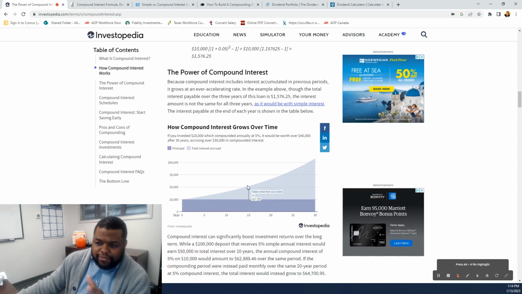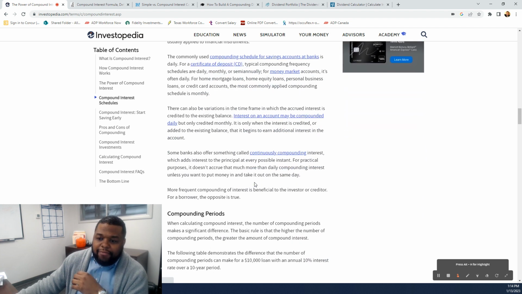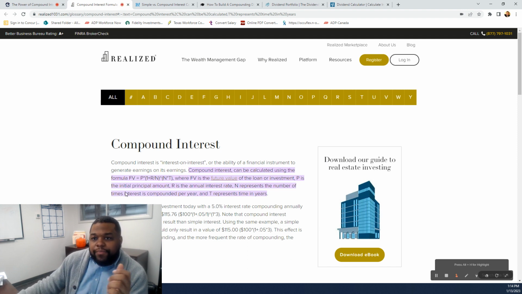And right here is a graph to show you why. I'm going to go into more detail on compound interest and why it's very big and why it's important. So, the compound interest formula is basically interest on interest.